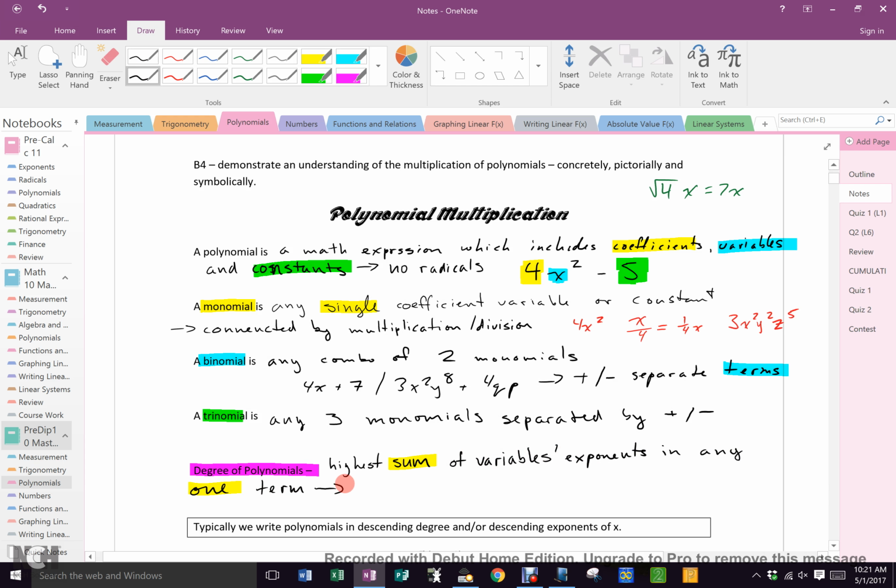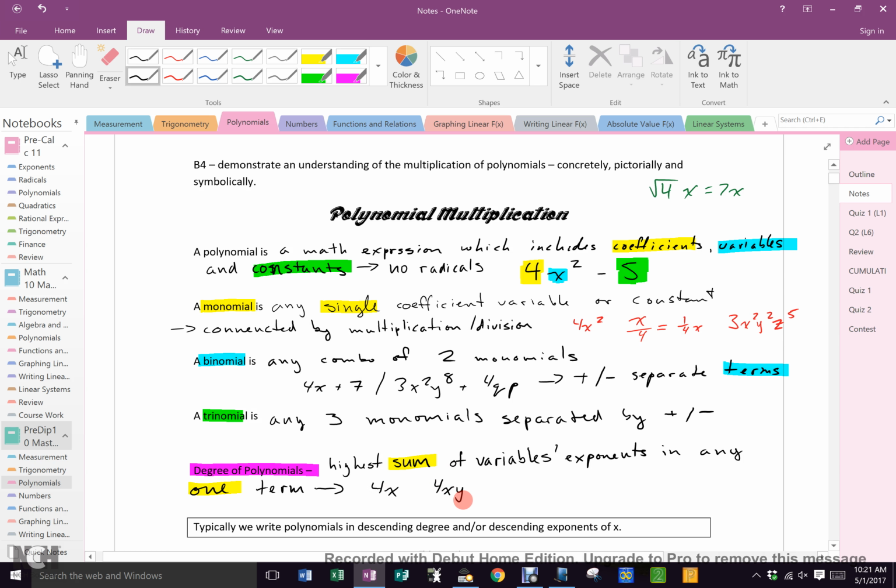So here's what I mean by that. 4x. What's the variable's exponent in that monomial? 1. So that is a first degree polynomial. Everybody good? Okay.